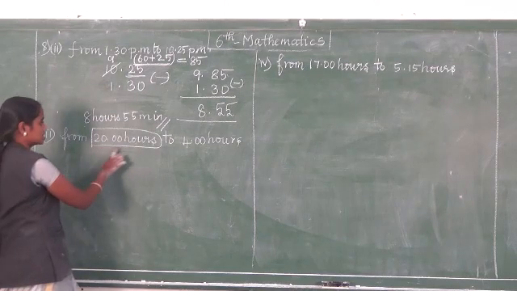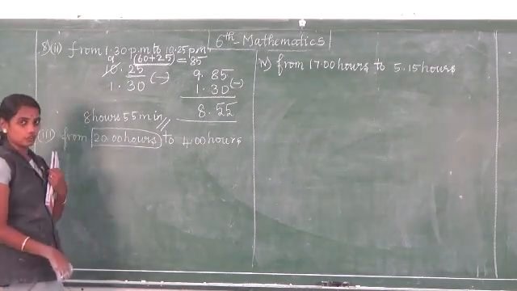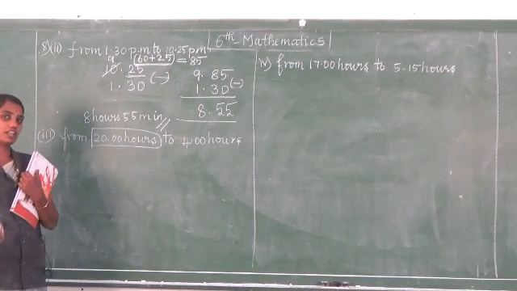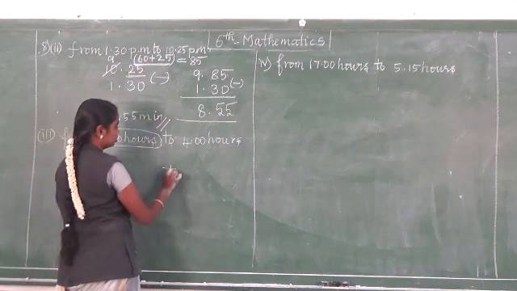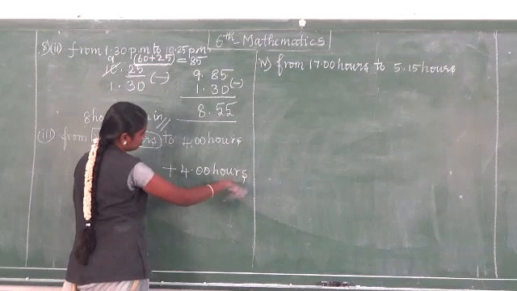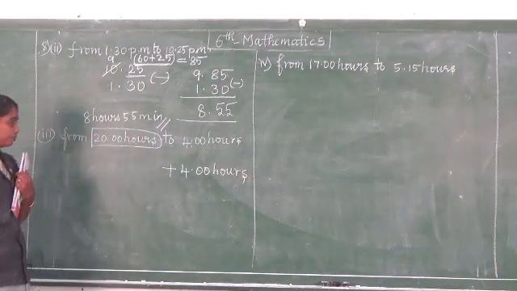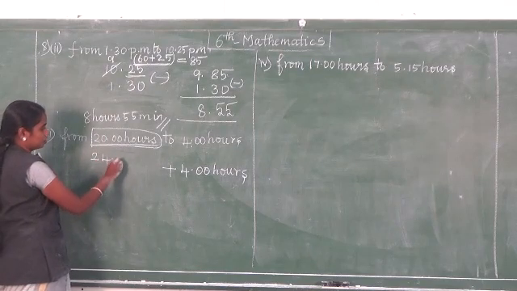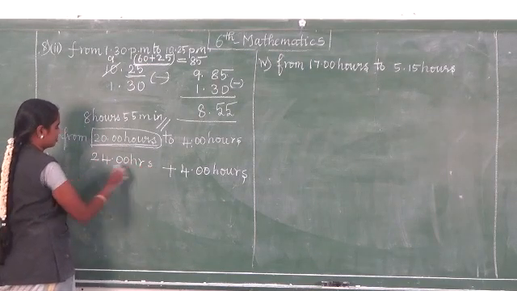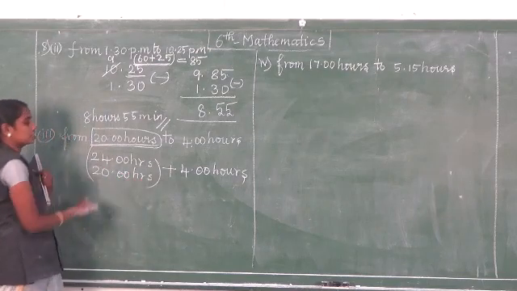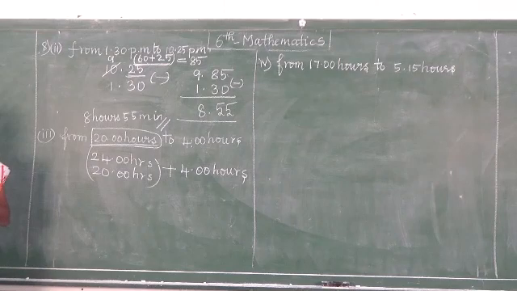The 4 hours will be as it is, because it is converted as 4 a.m. or 4 p.m. Why do I subtract? Because then only we can find the difference. How many hours in between, only that we need to find out.